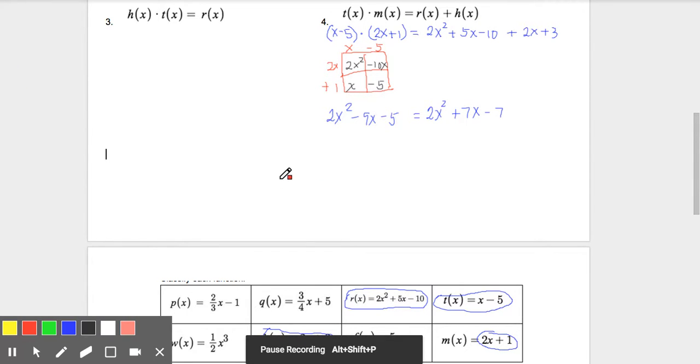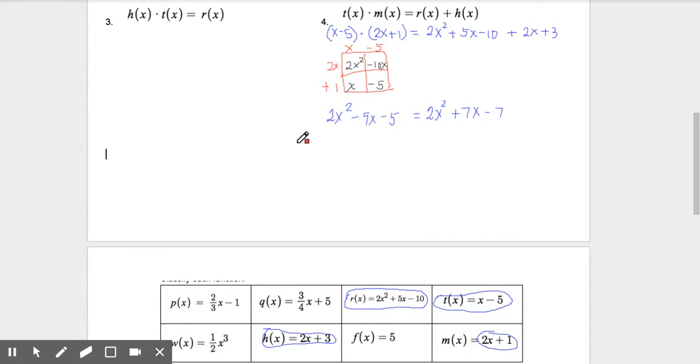We want to put together all the x squared terms and all the x terms. So we'll take away 2x squared from both sides. And 2x squared disappears from the left, and it also disappears from the right side. Now we have a 7x on the right side, and we have a negative 9x on the left side.